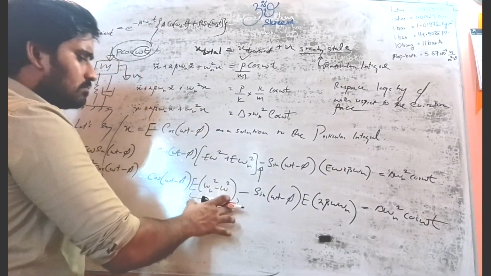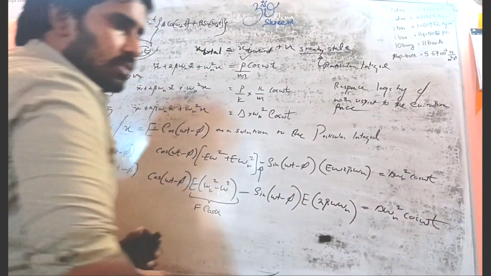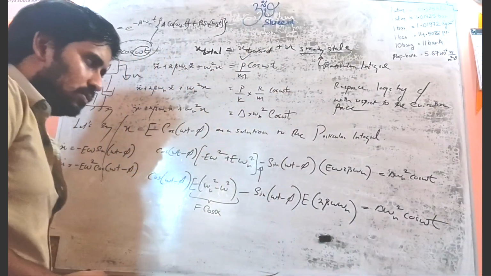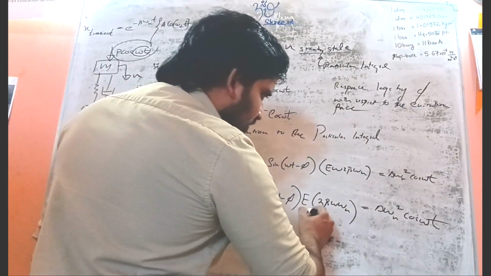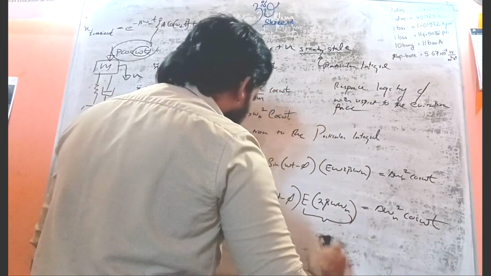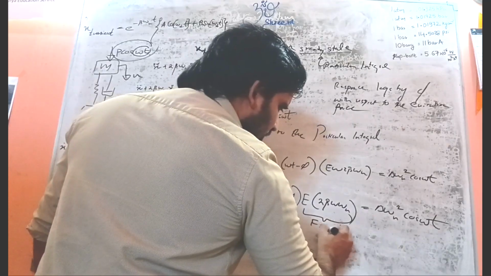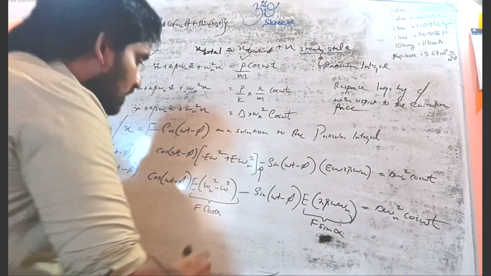So let's say this part equals f cos alpha, because in order to perform these calculations, we have to do that. And let's say this part is something similar to f sine alpha, because here we have negative.